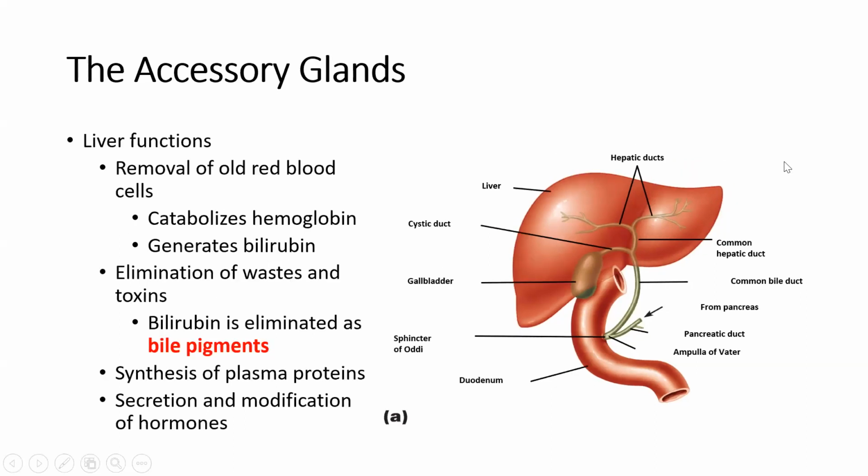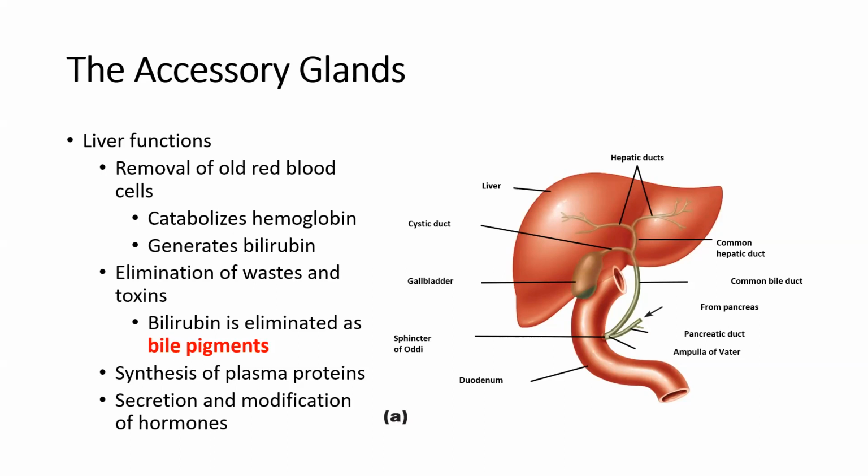Continuing on here, it's going to remove old red blood cells. So you would have talked about this when you looked at the process of erythrocyte production and erythrocyte destruction. As you would have studied, the old dying erythrocytes are transported to the liver. They're broken down. That hemoglobin is liberated.